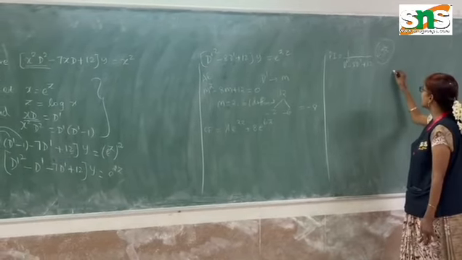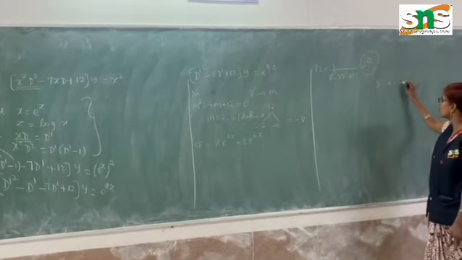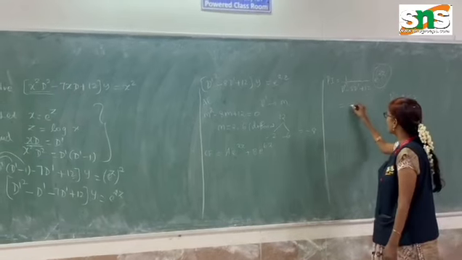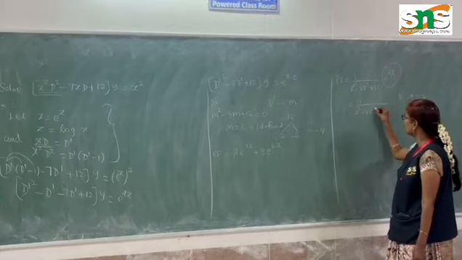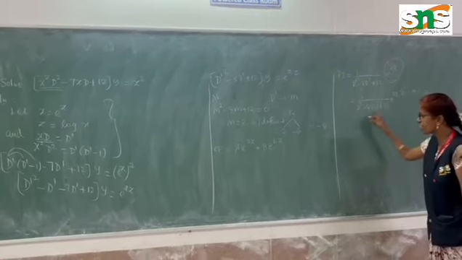So D dash equals 2. We replace D dash as 2 and get 1 by (2 squared minus 8 into 2 plus 12), then e power 2z.